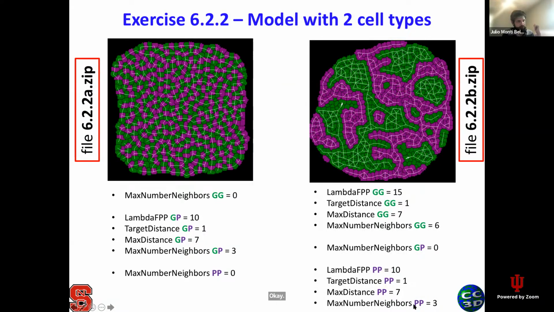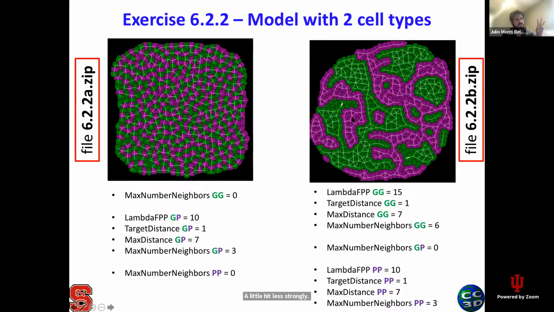And I have one of them to have a lower number of maximum neighbors than the other one. So the green ones can have up to 6 neighbors, right? And they have a stronger pulling between one another, while the purple one has a lower number of neighbors and they still pull from one another, but a little bit less strongly.